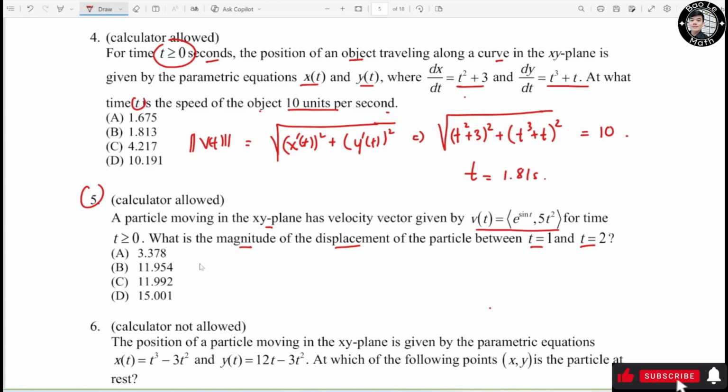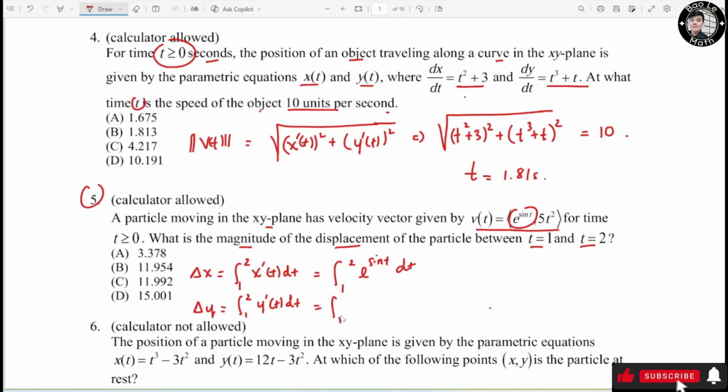Alright, so we need to calculate delta s, which is going to be the integral from 1 to 2 of s prime of t dt, right? Integral from 1 to 2, s prime of t is given by right here, right? Now delta y is the integral from 1 to 2 of y prime of t dt.